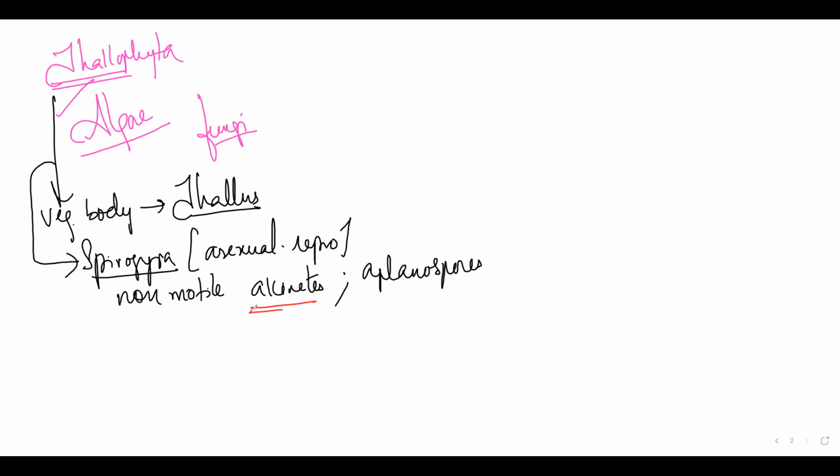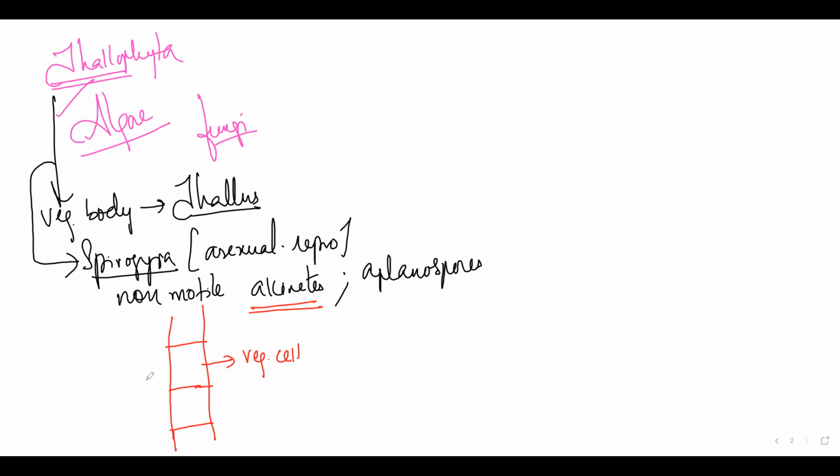But what is an akinete? For example, if I'm drawing a Spirogyra, and these are the cells of the Spirogyra, what happens in akinetes is that this vegetative cell is going to form a very thickened cell wall.